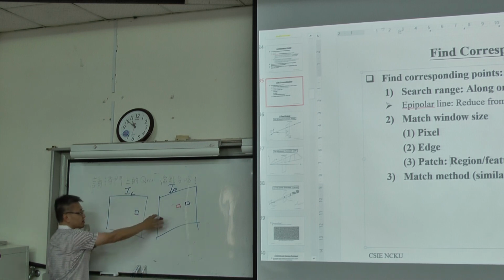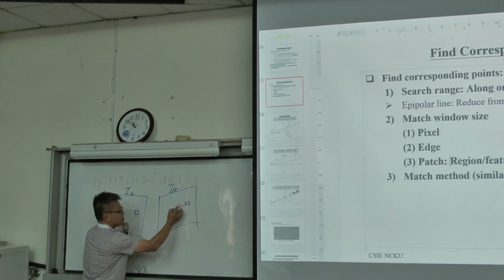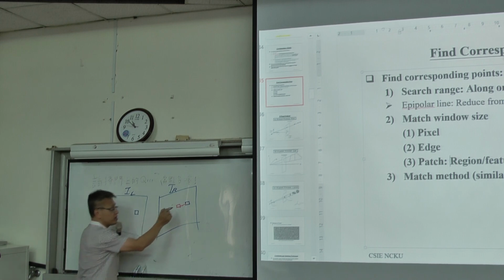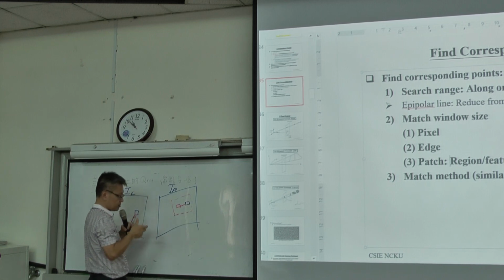So 2 cameras, stereo. And how can you find the corresponding point here? First of all, you need a search range. So the search range is 2D.